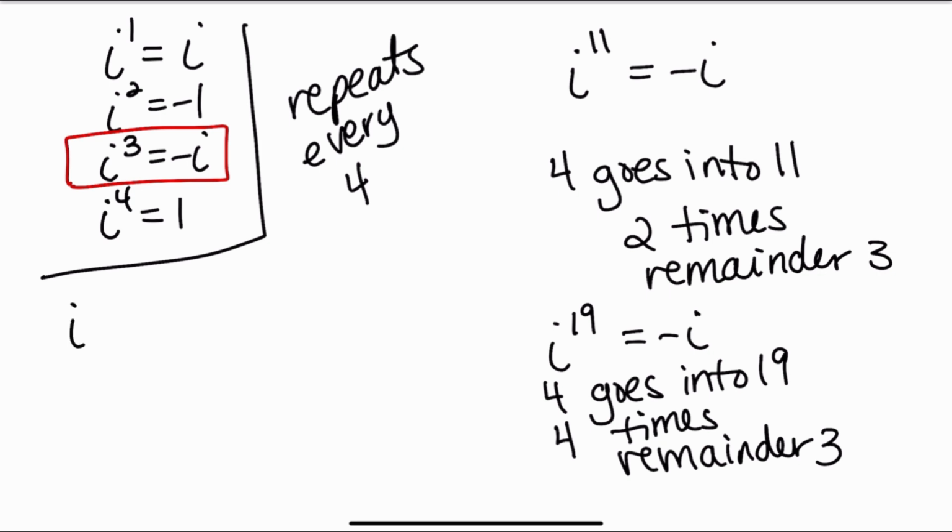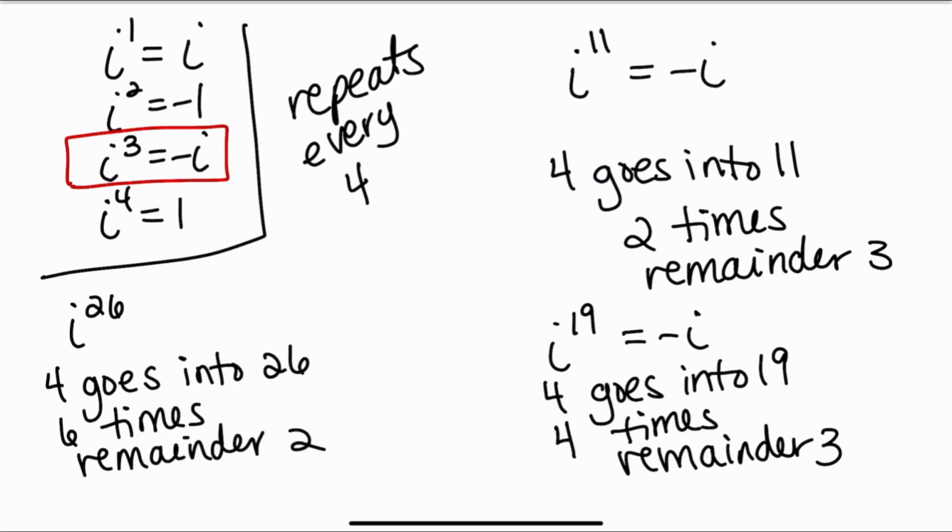Let's say instead we did i to the 26th power. How many times does 4 go into 26? 4 goes into 26 6 times, remainder 2. So that means that this is going to match no longer i to the third, but i squared. So i to the 26th power is going to be the same as negative 1.